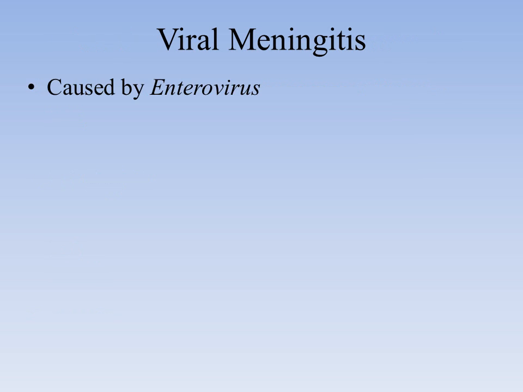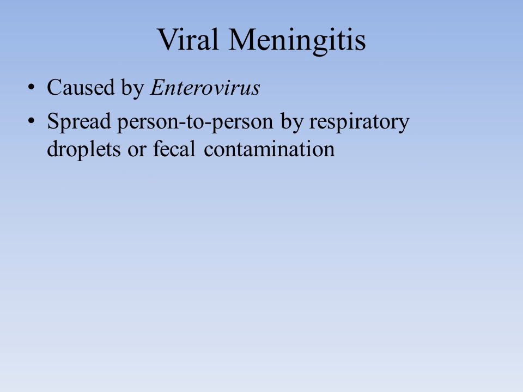All right, so meningitis. This is caused mainly by a group of viruses known as the enterovirus. Viral meningitis is spread person to person by respiratory droplets or possibly by fecal contamination as well. The enterovirus, shouldn't be a surprise to you, is normally going to infect the enteric cells, cells that can normally be found in fecal matter.